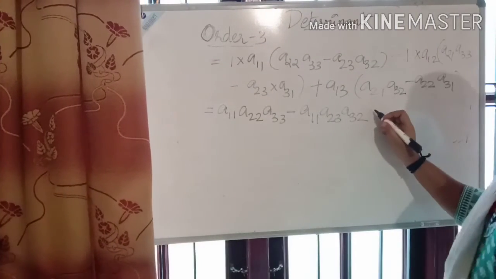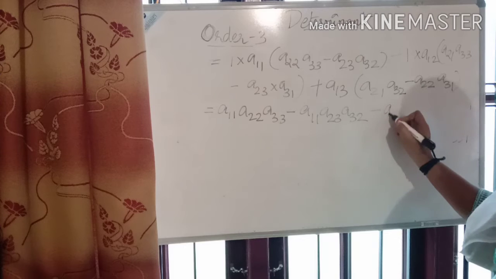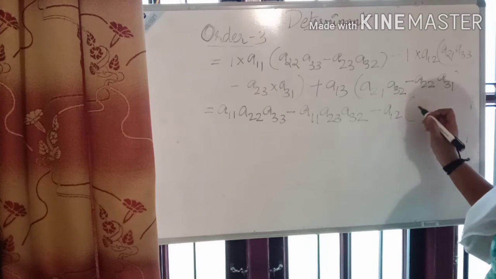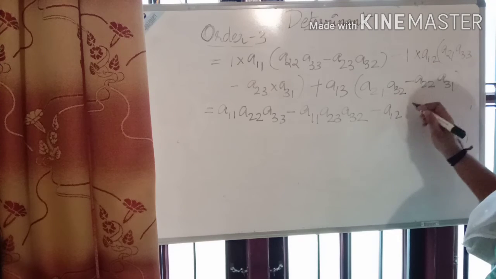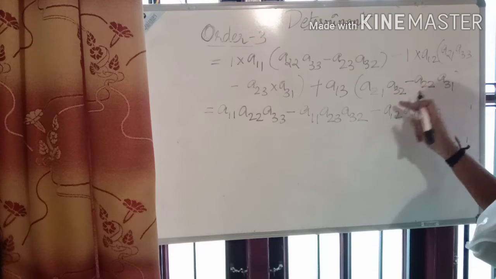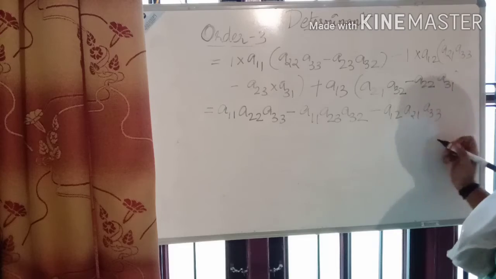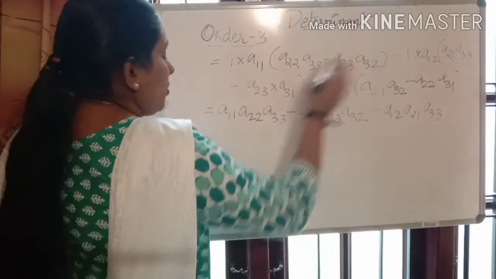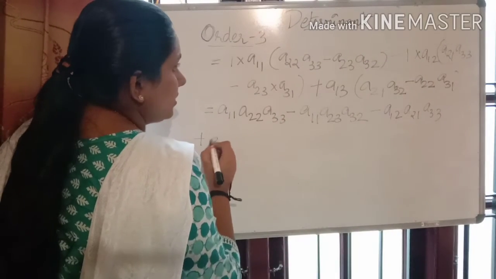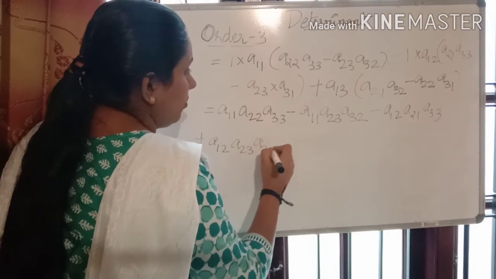Here minus 1 into A12 is minus A12: minus A12 A21 A33, and multiplying inside, minus into minus gives plus A12 A23 A31.